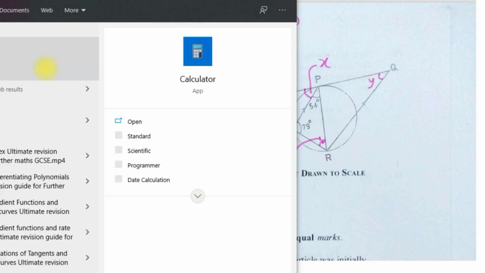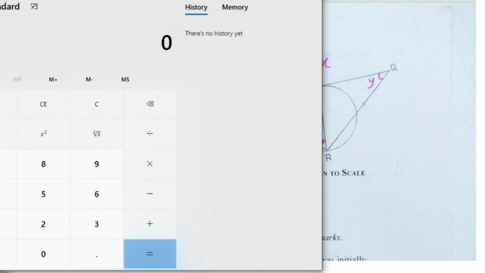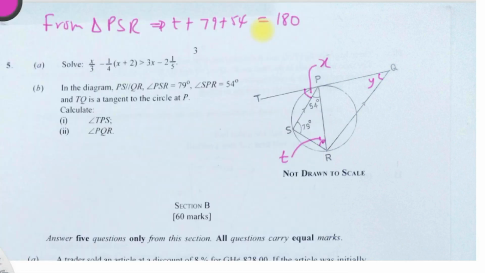So what is 79 plus 54? Let us use the calculator. 79 plus 54 is equal to 133. So this implies that T plus 133 is equal to 180 degrees.